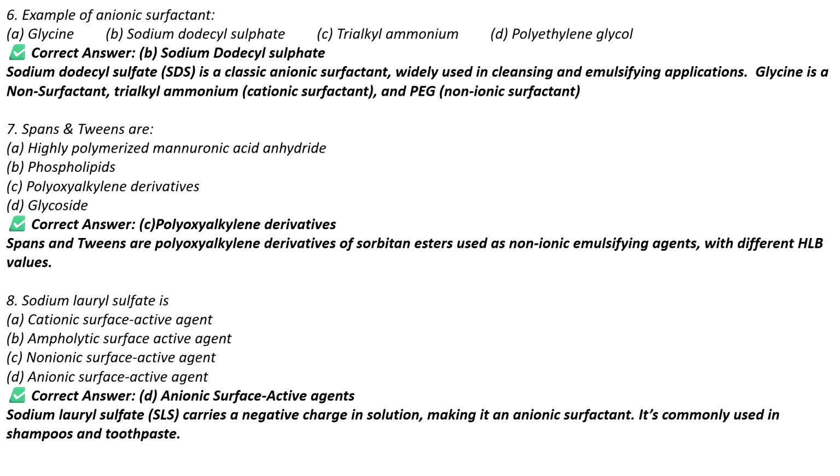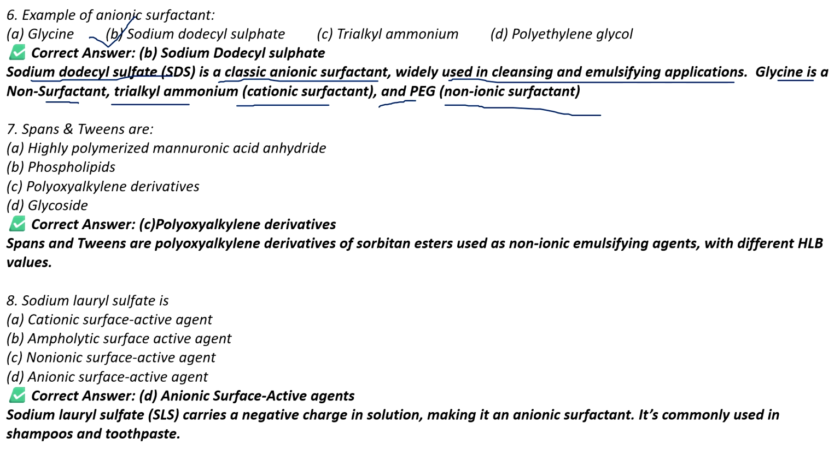Options given are glycine, sodium dodecyl sulfate, trialkyl ammonium, polyethylene glycol. So sodium dodecyl sulfate, which we call SDS for short, is a classical anionic surfactant and it is widely used in cleansing and emulsifying applications, while glycine is a non-surfactant, trialkyl ammonium is a cationic surfactant, and PEG, that stands for polyethylene glycol, is a non-ionic surfactant. So we can say option B, sodium dodecyl sulfate, is an example of an anionic surfactant.